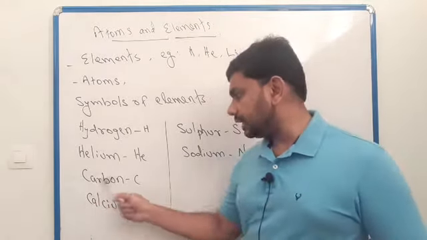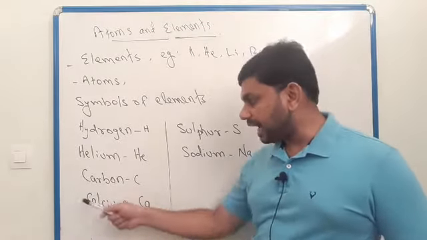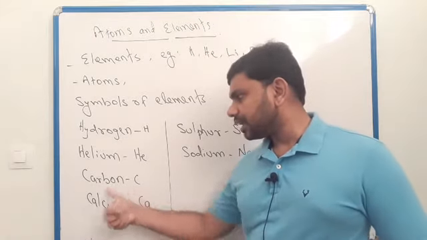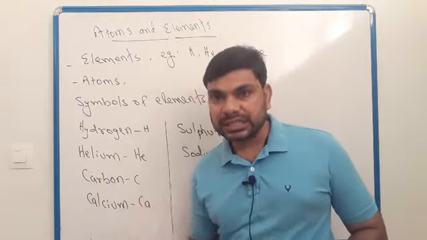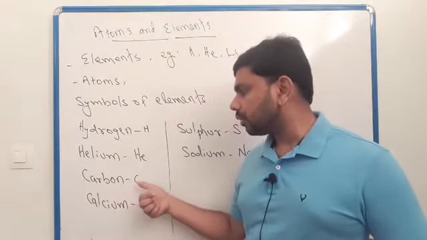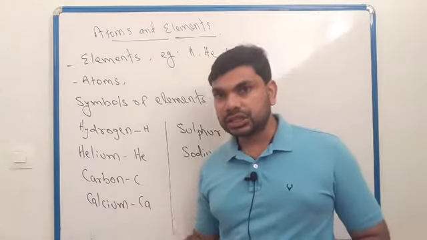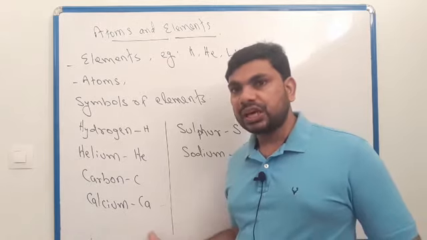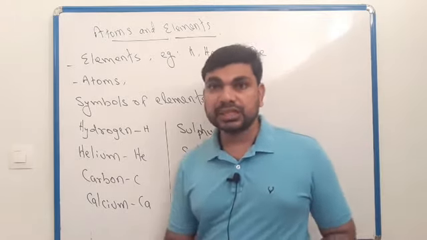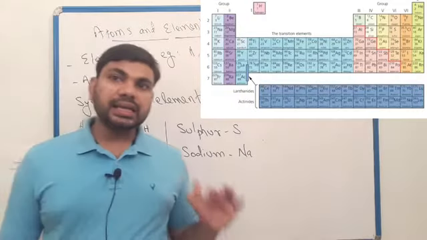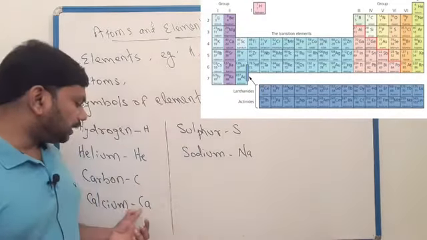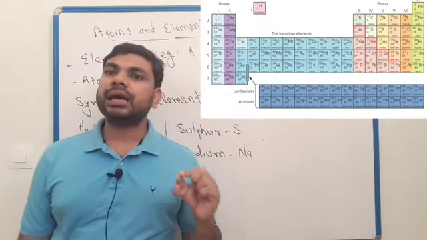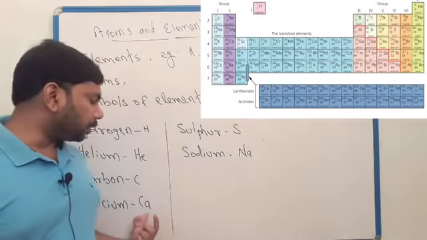Both carbon and calcium start with C. The symbol of carbon is capital C. The symbol of calcium is Ca, capital C and small a. If there are two letters, the first will be a capital letter and the second a small letter.